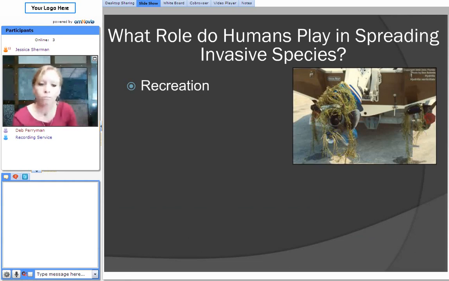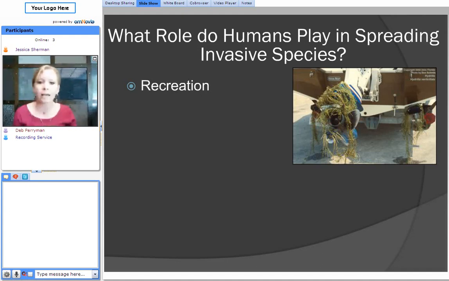So recreational boating, and this was a question that Lindsay had asked earlier about invasive species being attached to vessels versus ballast water. And this is another really important way. So zebra mussels attach to the hulls or the bottoms of ships.